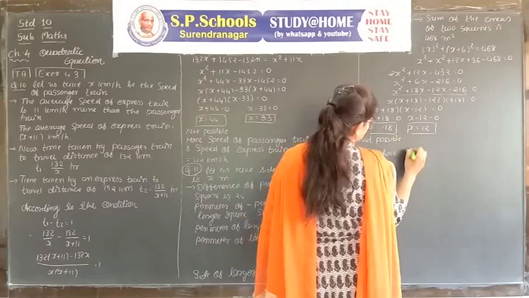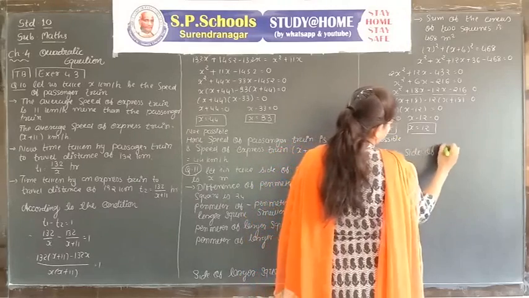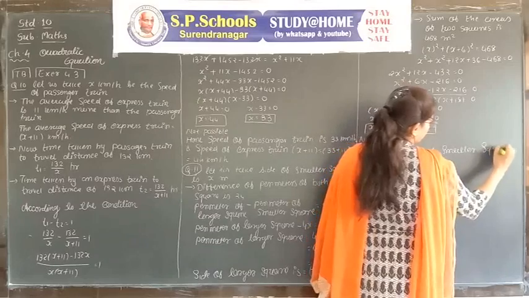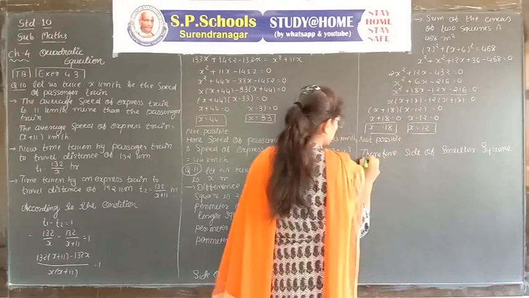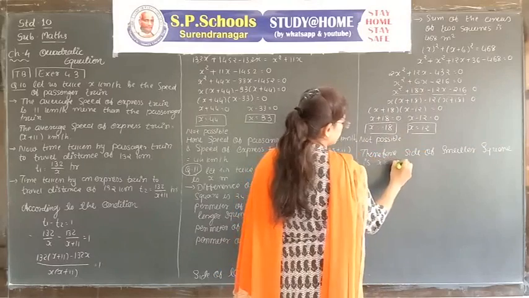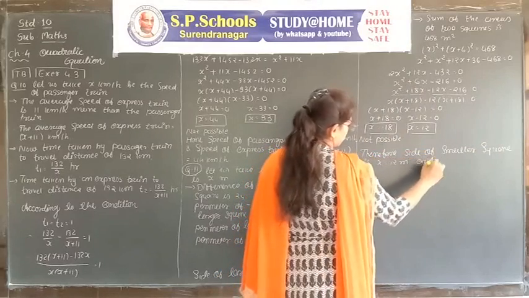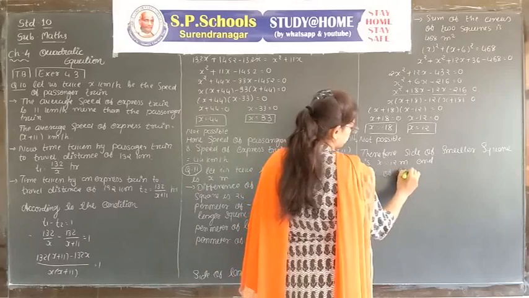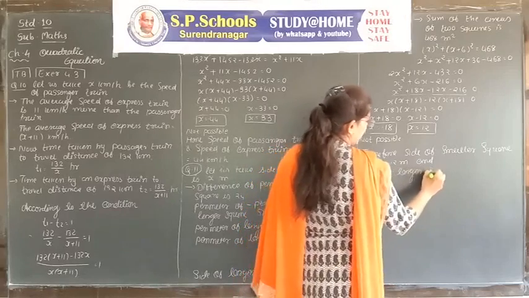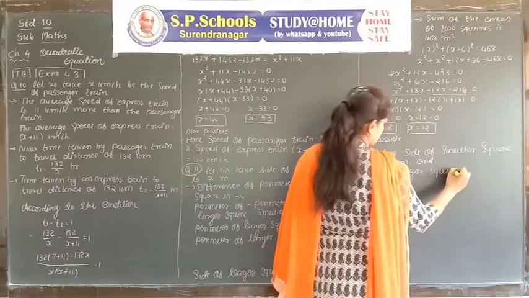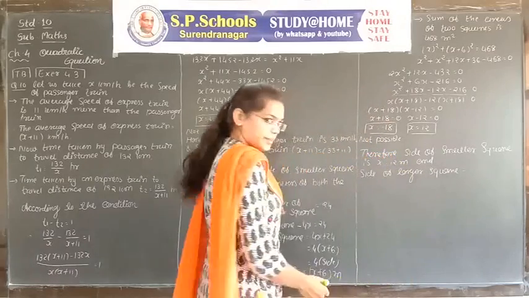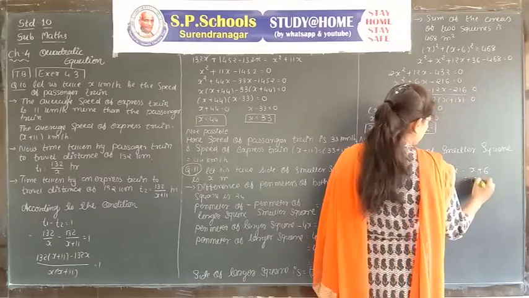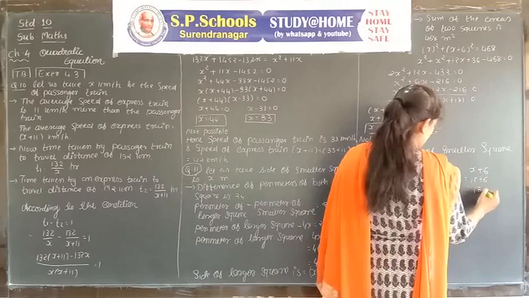Therefore, side of smaller square is x is equal to 12 meter and side of larger square is equal to x plus 6, where x is 12 plus 6, which is 18 meter.